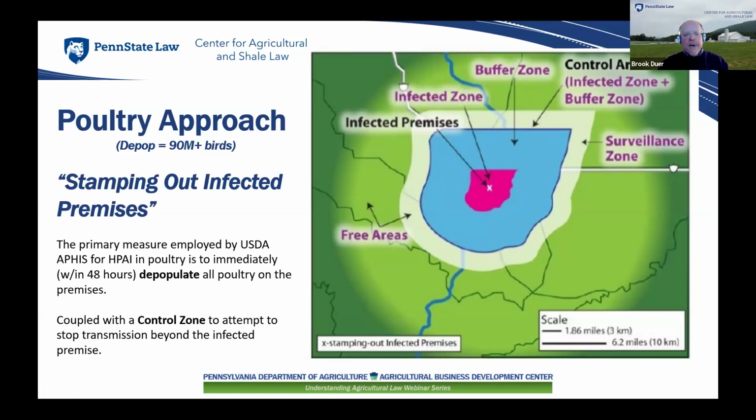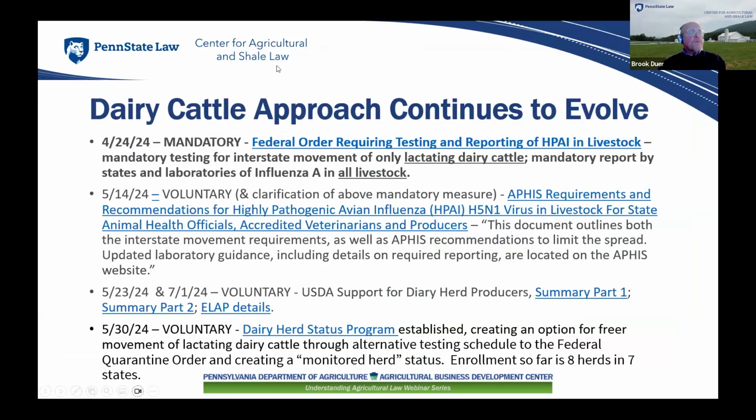Now, the dairy situation is a totally different thing. Things started slowly. It's a very expensive animal. The USDA is not ordering that cows be put down due to HPAI, because it just doesn't have that kind of toll on a lactating dairy cow.